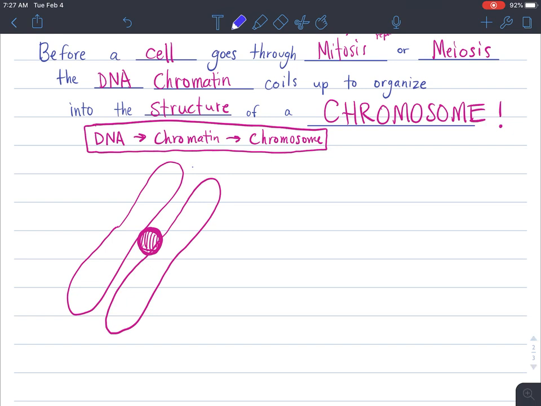So the first thing to know is that the ends of the chromosome, the very tips, are called telomeres. And these are protective caps that help protect the chromosome. And as you age, the telomeres actually shorten, which means that your DNA gets a little messed up, and that's part of what causes aging. But essentially, telomeres are the ends of the chromosome.